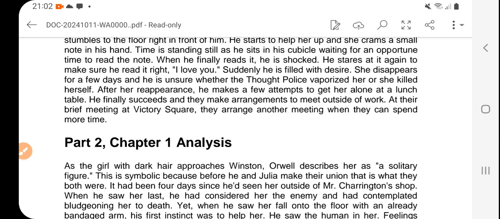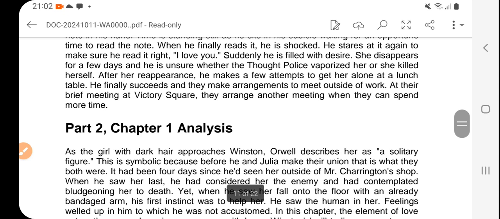When he finally reads it, he is shocked. He stares at it again to make sure he read it right. It says, "I love you." Winston is shocked because it's a big crime.